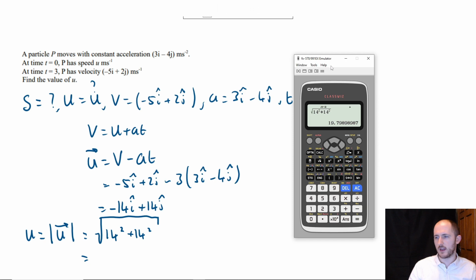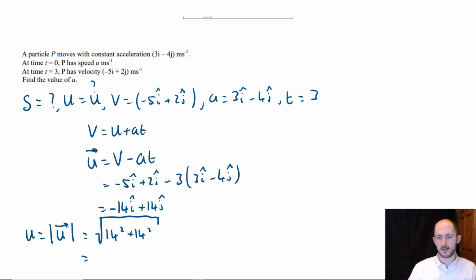So it'd just be 19.8 meters per second to 3 significant figures. And again, we usually round to 3 significant figures, so that is why we've got that. Hopefully that's all good.